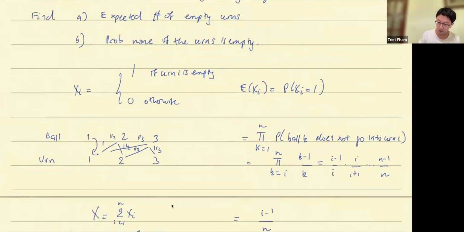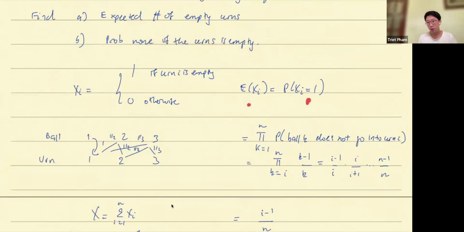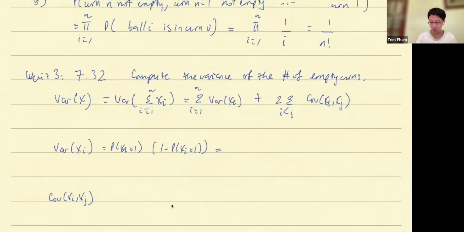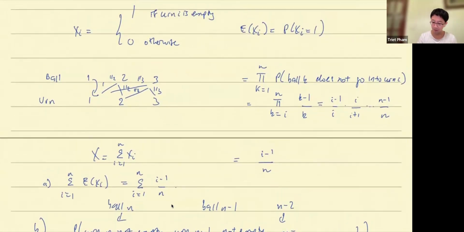So the variance of xi will be p(1 minus p), which is that number we found times 1 minus it, because this is the expectation of xi, right?